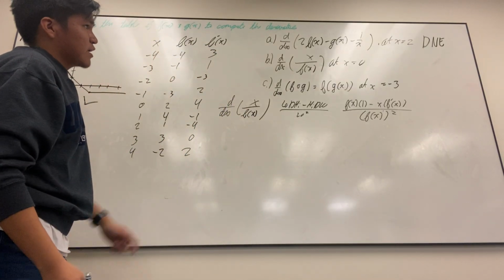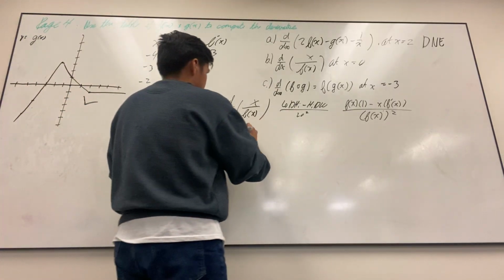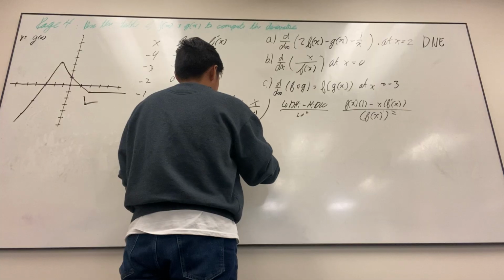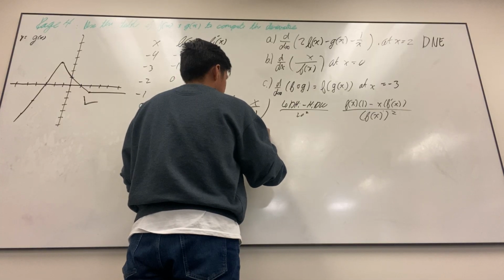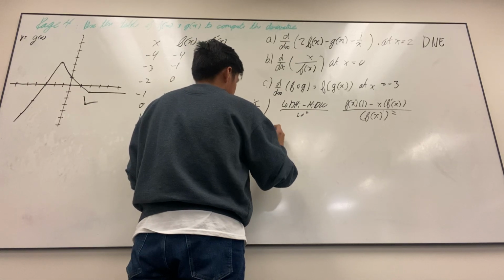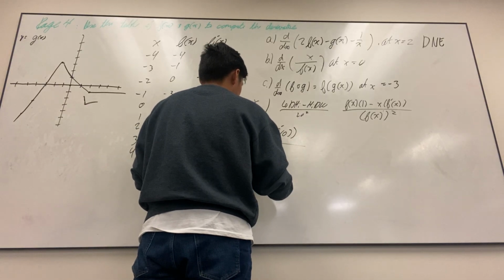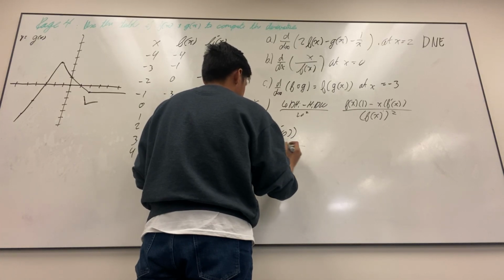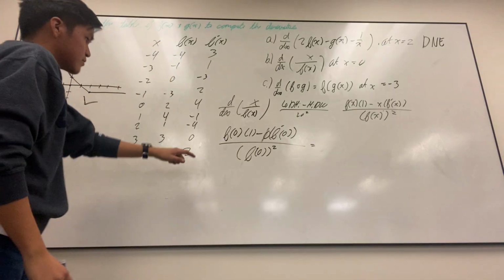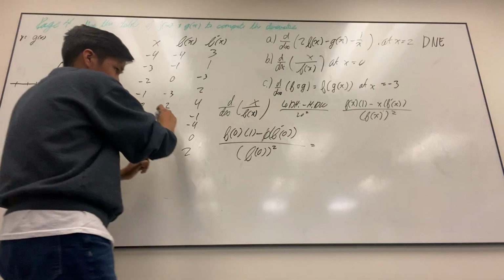Now we can plug in our values at x equals 0. So our equation would be f of 0 times 1 minus 0 times f prime of 0, over f of 0 squared. So at x equals 0 for f of x, we have 2.